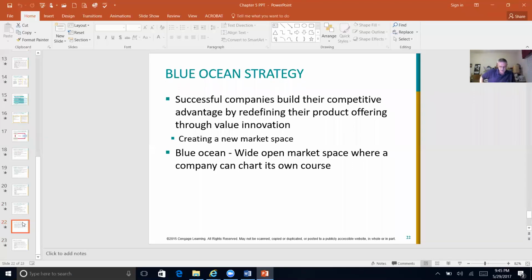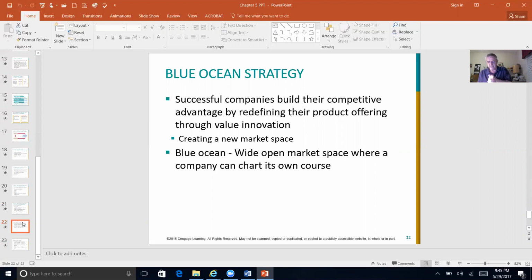Over on figure 5.3, value frontier through value innovation is a process of thinking through that value innovation as searching for the blue ocean. In other words, it is characterized by a wide open market, a market availability, or a virgin soil, so to speak, or a virgin market that's untapped, where a company can chart its own course.